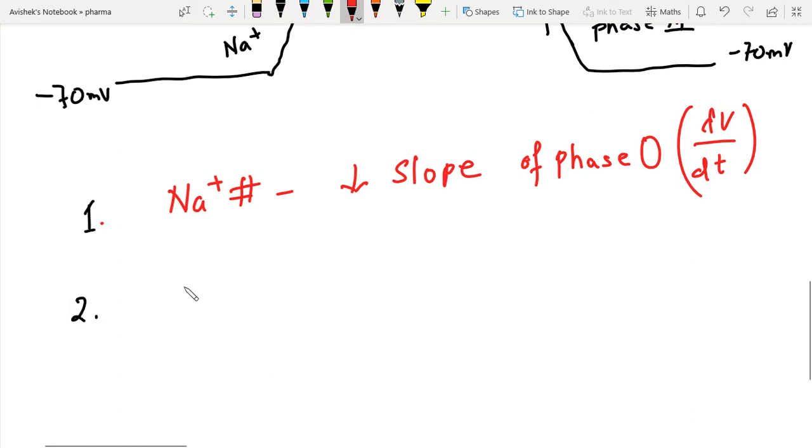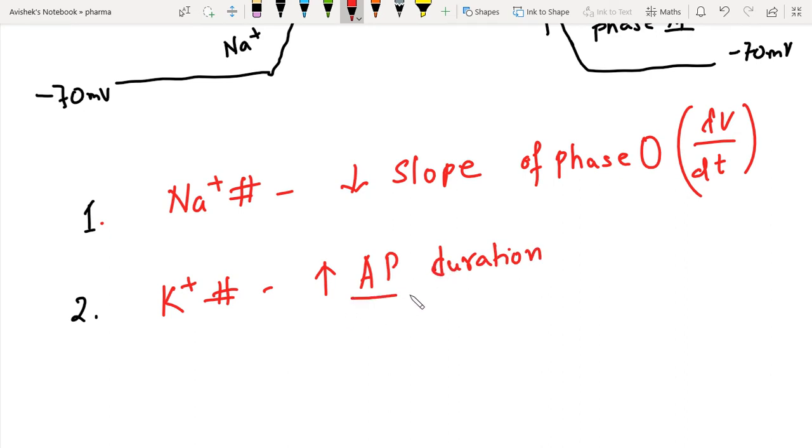Second point here, potassium blockers can increase AP duration, action potential duration.